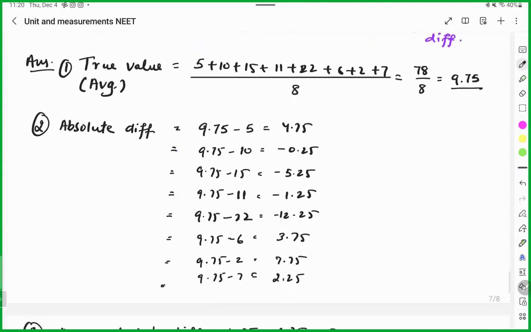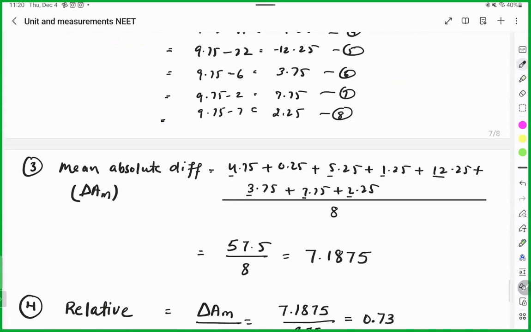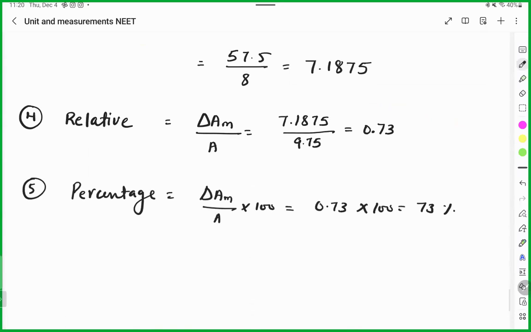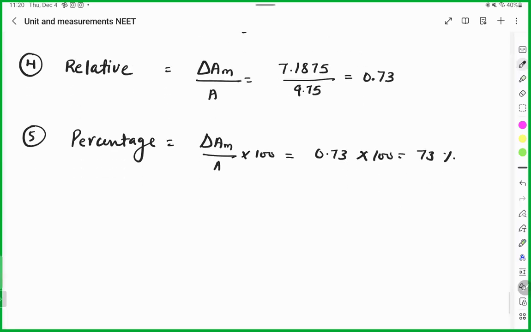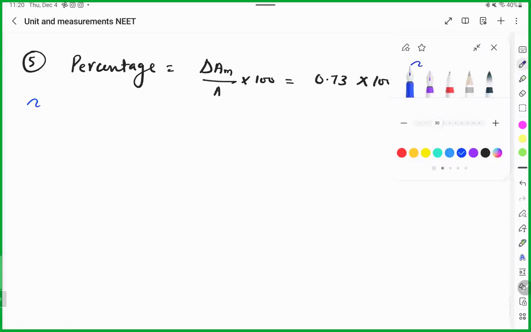Difference of each one, like first, second, third, fourth. You will get all 8 differences. Once you get these differences, then you calculate the difference average, the relative difference by the original, and percentage multiplied by 100. Any doubt? Anybody have doubt?